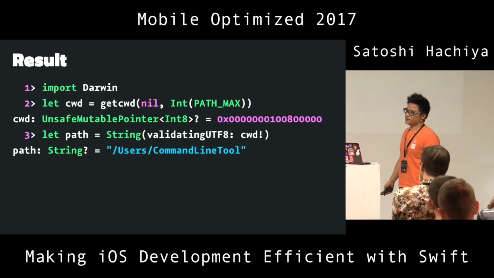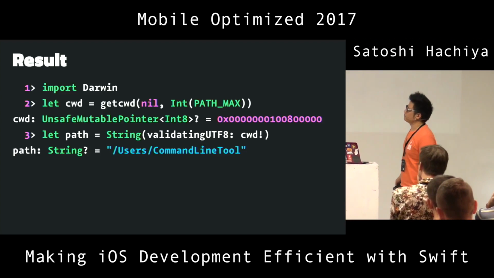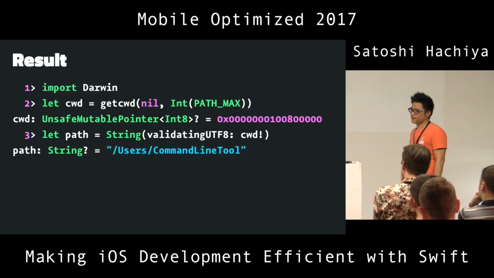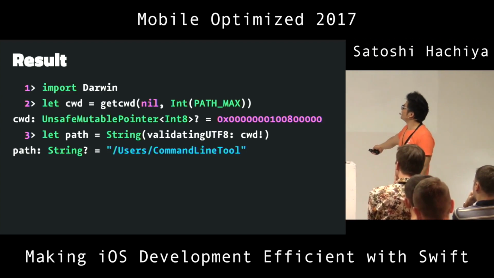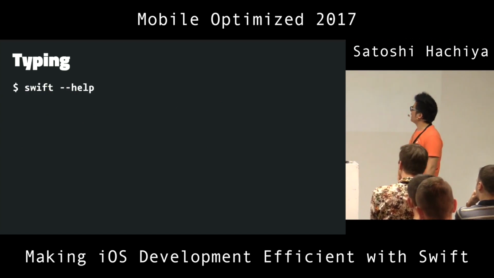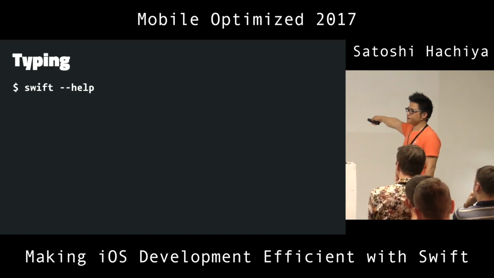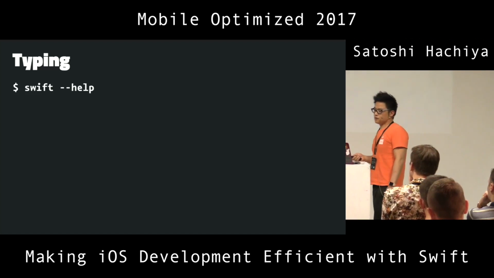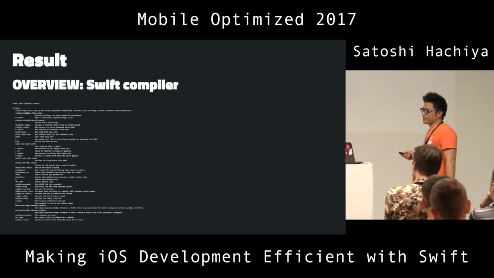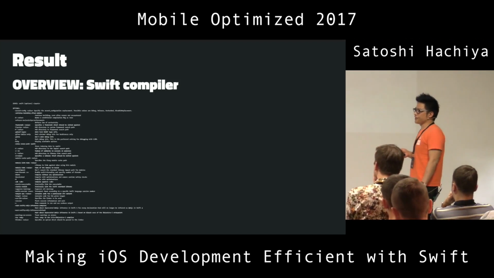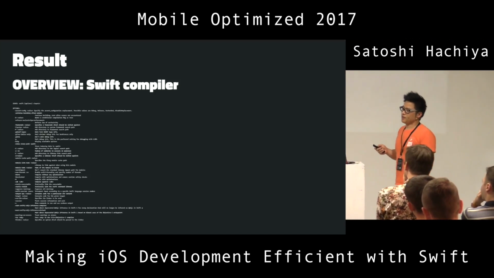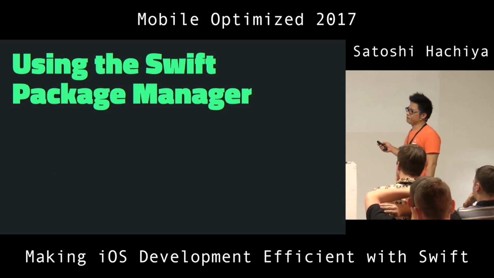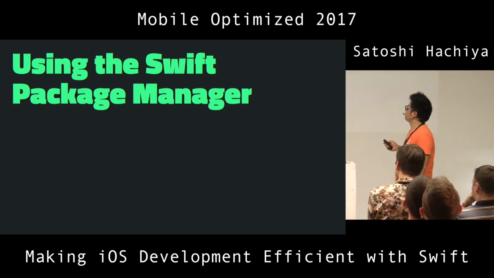Then it shows the value of the current working directory path, but it's not fine. So I assign it as follows. So we can get the current working directory path as a string. In this way, we can import a module with the REPL easily.